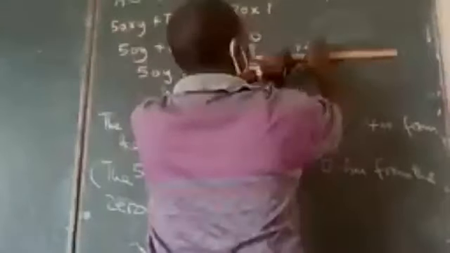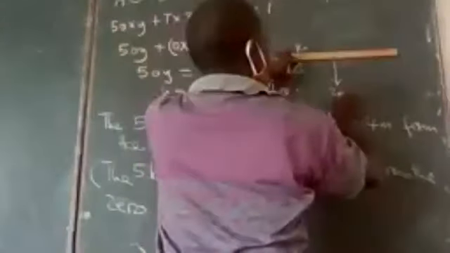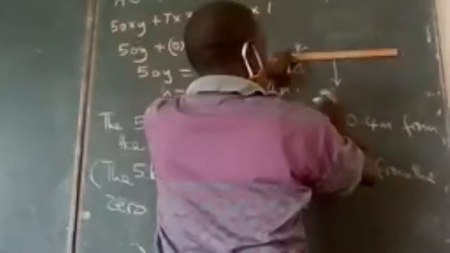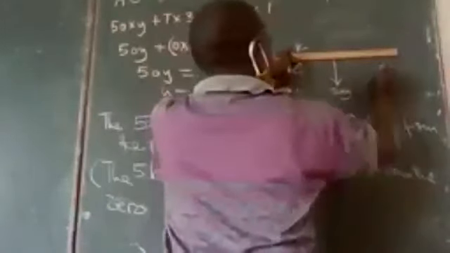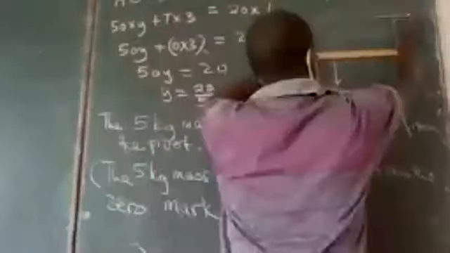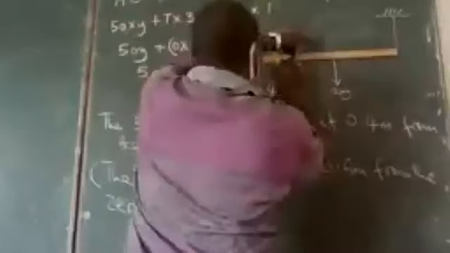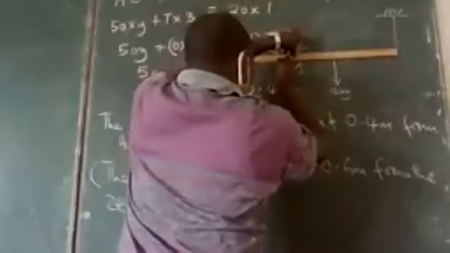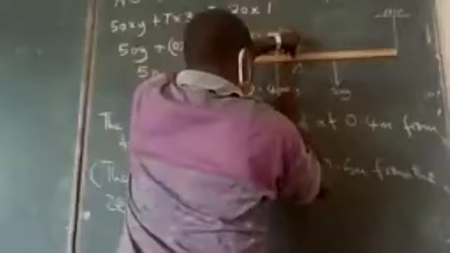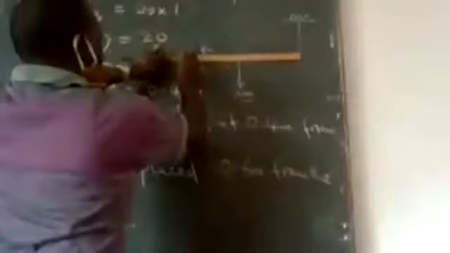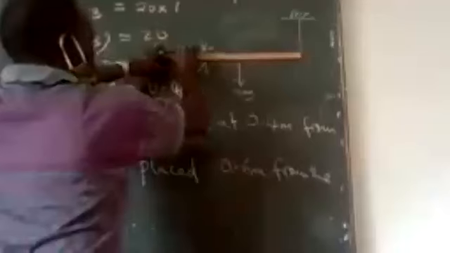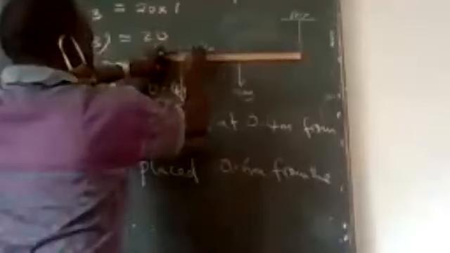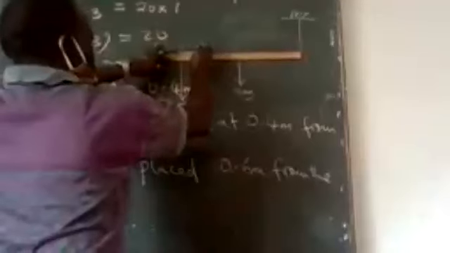We have the mass at that point, 2 times G. Then we have the tension there. So if we place the 5 here, we measure this distance from here to there. That is our y. So our y was 0.4.